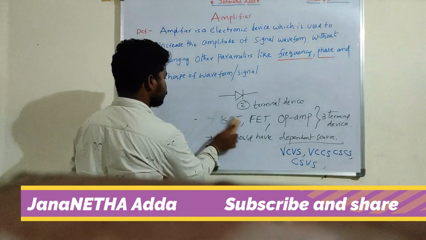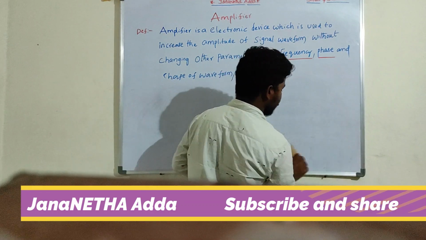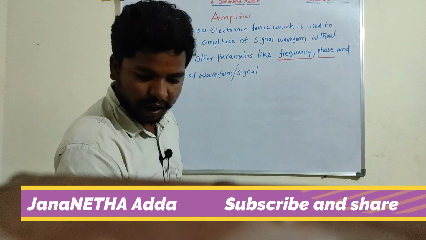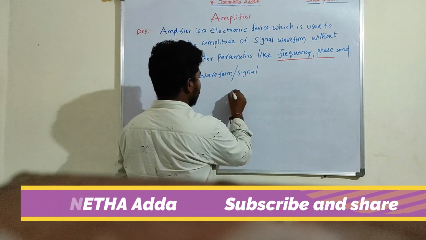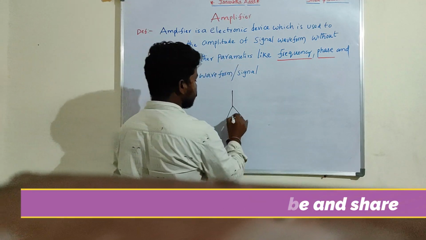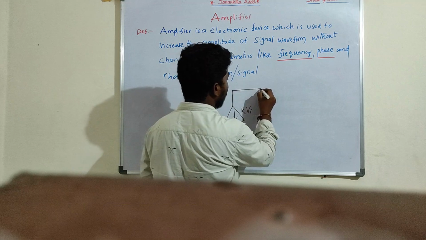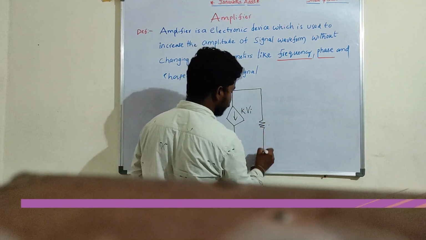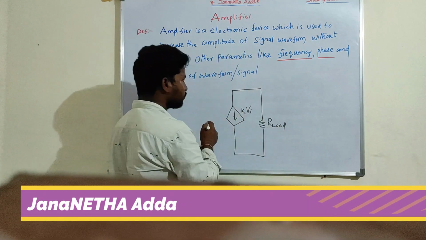We will take one example and see whether a dependent source circuit will give us an amplifier or not. So I am considering a device, in an abstract way, a current controlled source having a gain of K times V input, having a load of some R load.